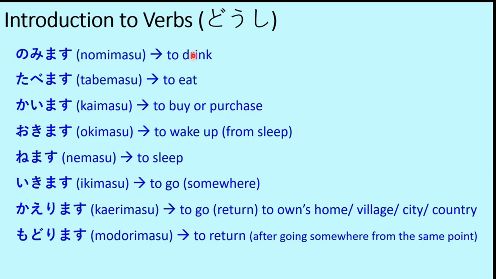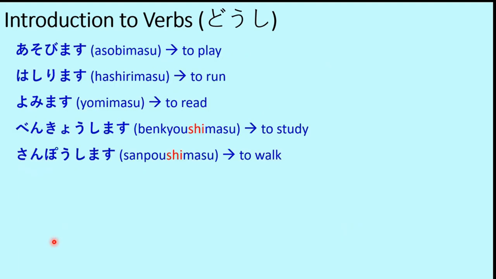Nomimasu, to drink; tabemasu, to eat; kaimasu, to buy or purchase; okimasu, to wake up from sleep; nemasu, to sleep; ikimasu, to go somewhere; kaerimasu, to return to one's home, village, city or country; modorimasu, to return after going somewhere from the same point; asobimasu, to play; hashirimasu, to run; yomimasu, to read; benkyoshimasu, to study.